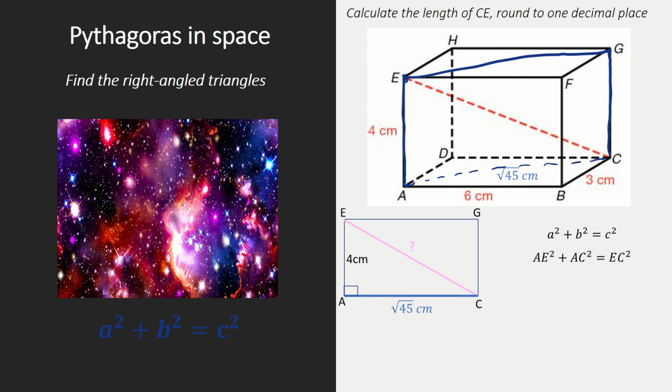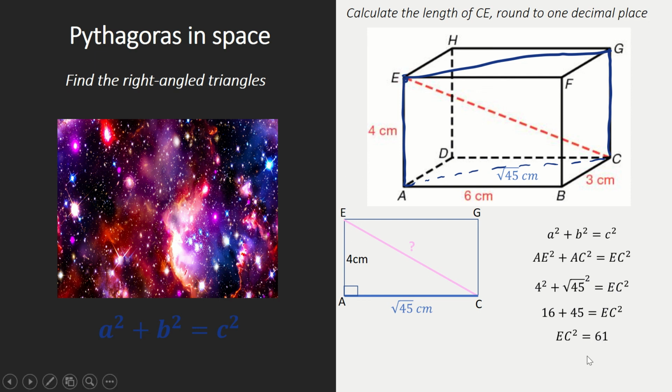So AE squared plus AC squared equals EC squared. 4 squared plus the square root of 45 squared equals EC squared. Please remember that the square roots and the squares are opposites of each other, so they cancel each other out. Therefore you get 45. So 16 plus 45 equals EC squared. And EC squared is then the same as 61.